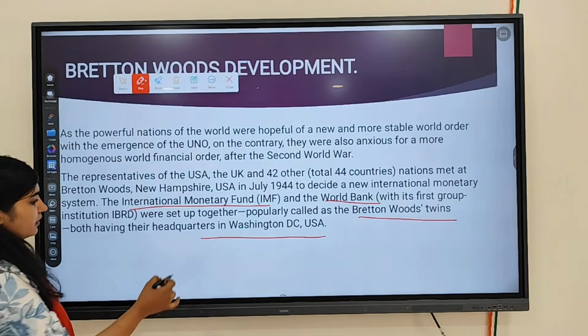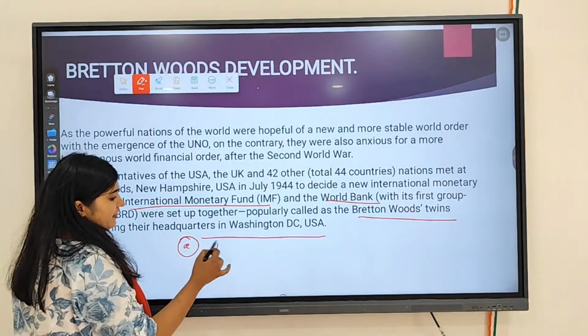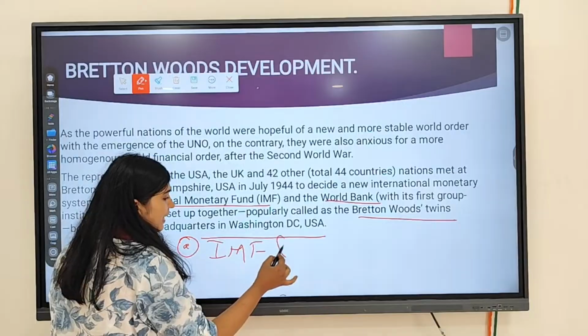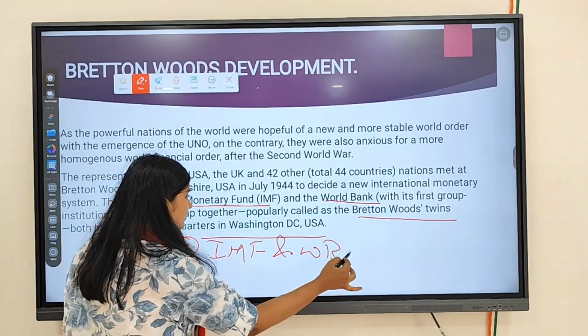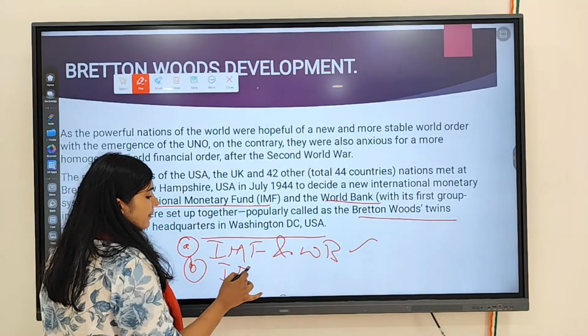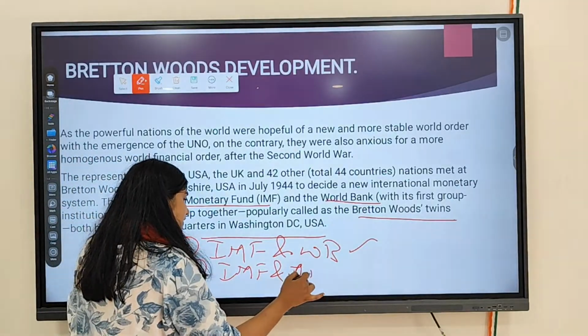In an MCQ, if they have given options for which are the Bretton Woods twins, one is IMF; if they have given World Bank, just tick this one. Or if they have given only IMF and MIGA, this is wrong.